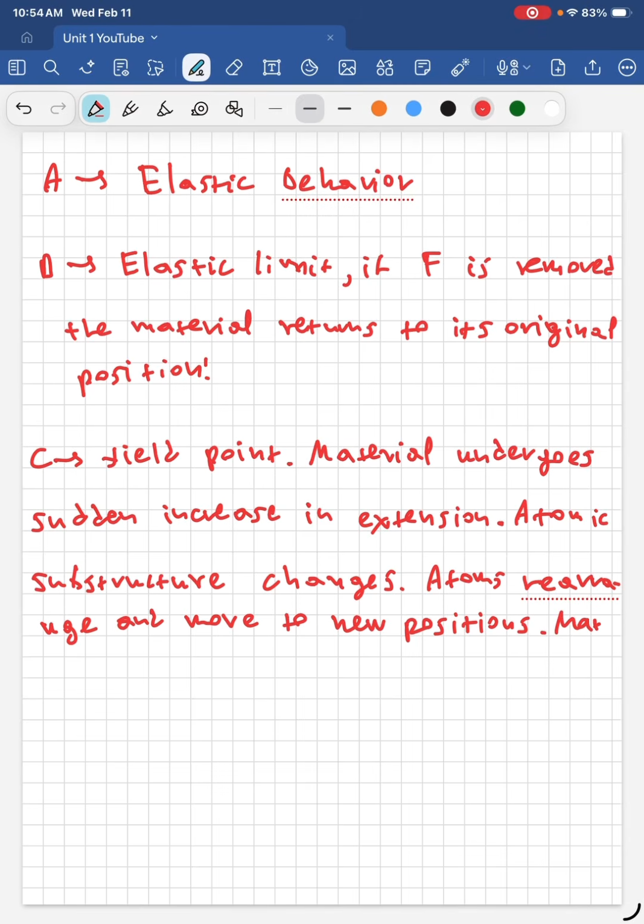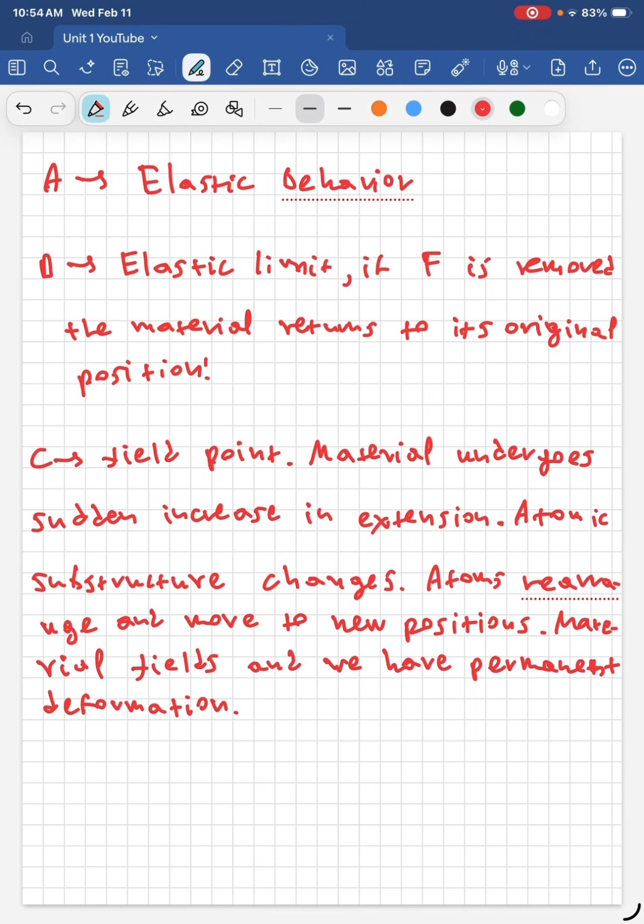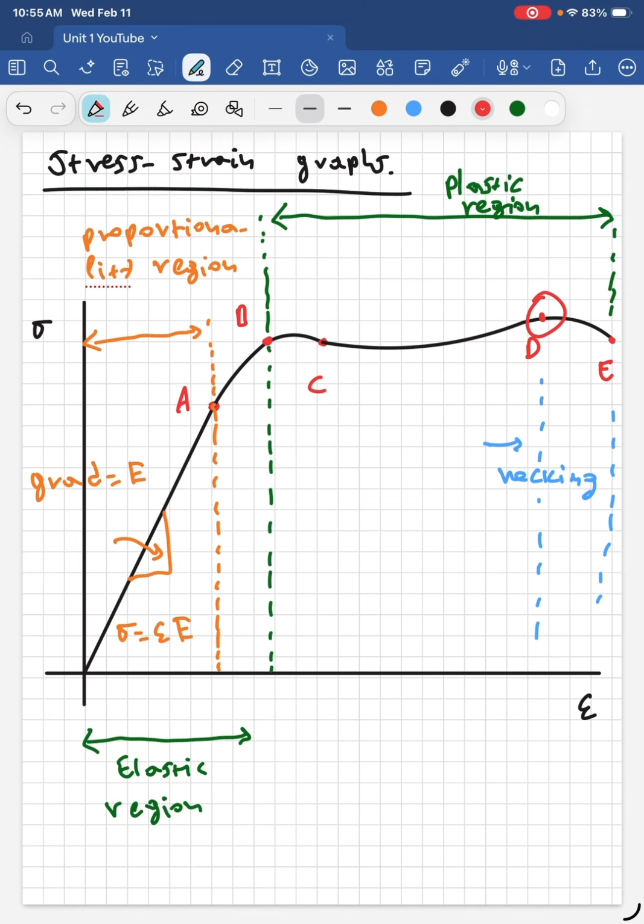So the material yields and we have permanent deformation. Now D is the ultimate tensile strength. So D is this point over there.